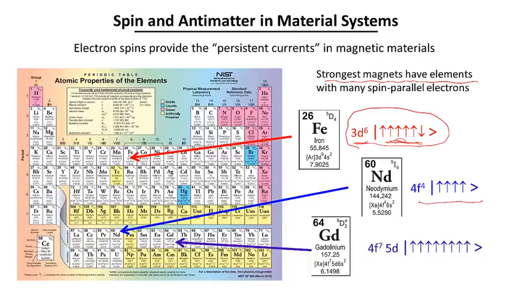Neodymium is the basis of the ultra-hard magnets, one of which is shown in the magnetic levitation demo that you can see in the additional materials. Again, that's based on the fact that it has an f shell that can hold up to 14 electrons, and so the ground state in neodymium has 4 parallel spins, creating a large permanent magnetic moment. The most magnetic atom in the periodic table is gadolinium, which has 8 electron spins lined up. So the foundations of magnetism are based on electron spin.